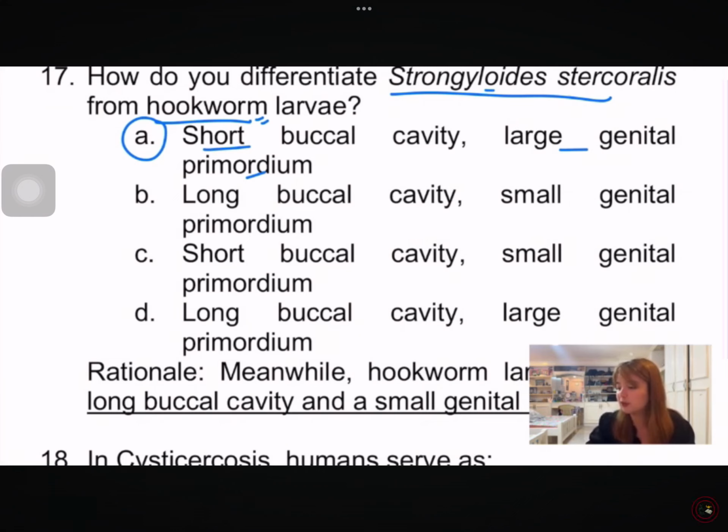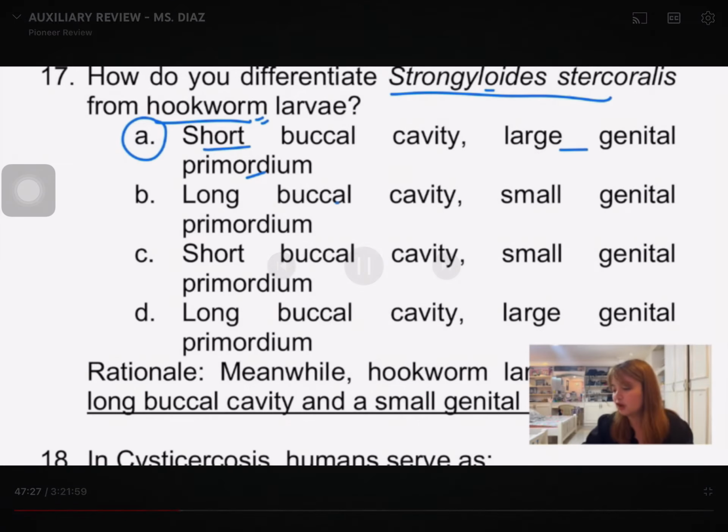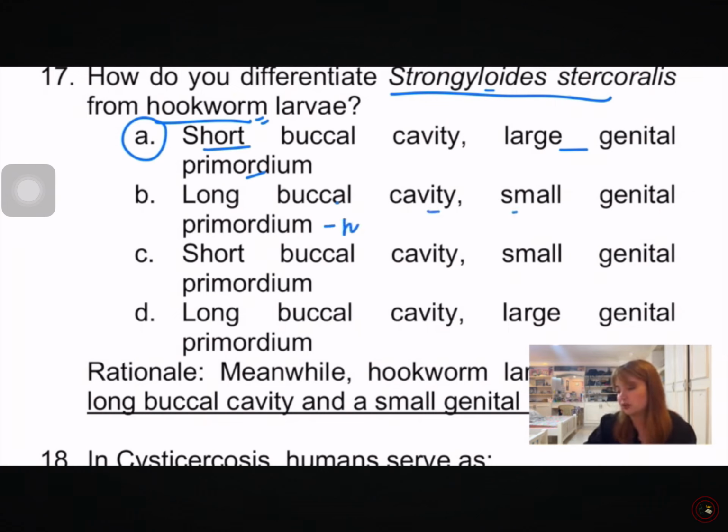Meanwhile, yung hookworm naman is kabaliktaran, which is yung long buccal cavity and small genital primordium.